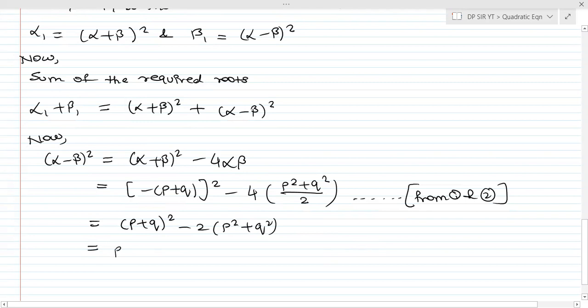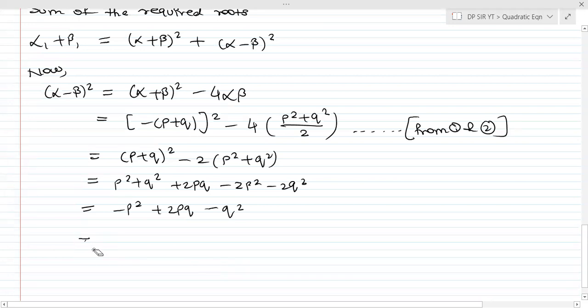Then here, p plus q the whole square, so p square plus q square plus 2pq minus 2p square minus 2q square. Here it is going to be minus p square plus 2pq minus q square, which is equal to minus of p minus q the whole square.